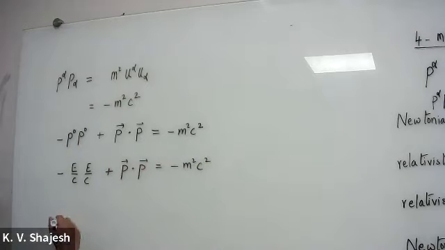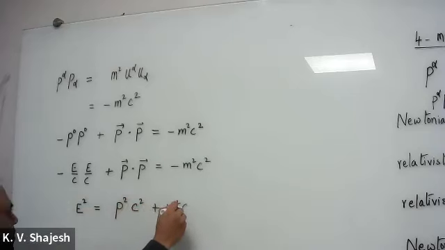This is often written as energy squared is equal to P squared c squared plus m squared c raised to 4.